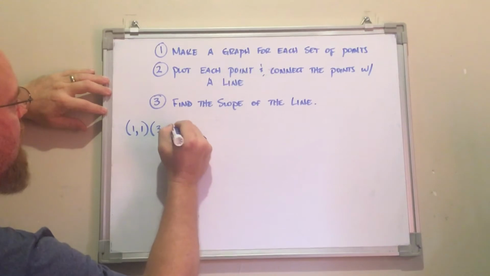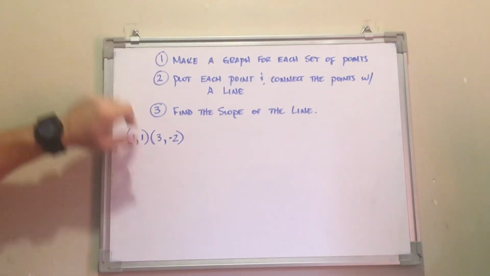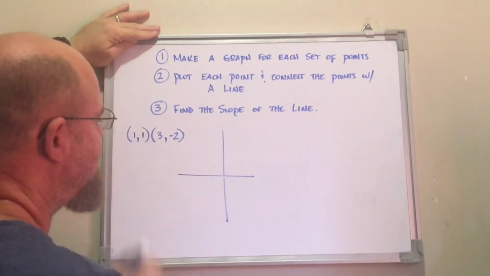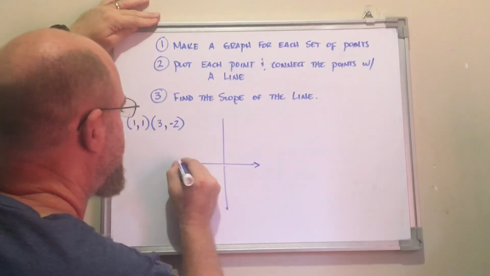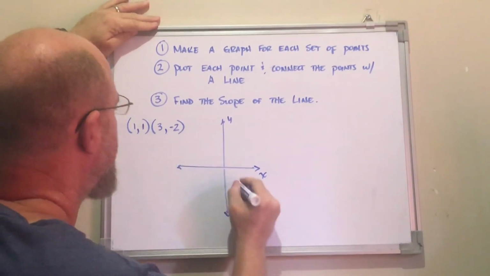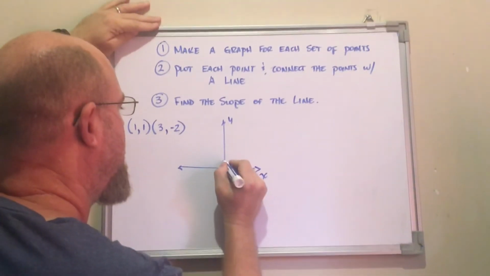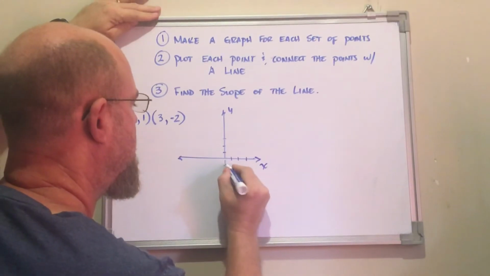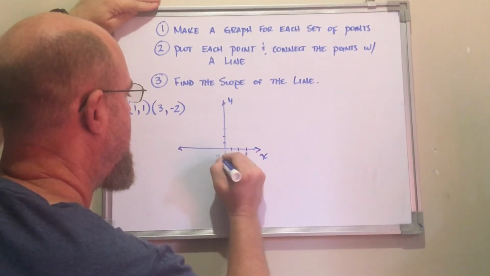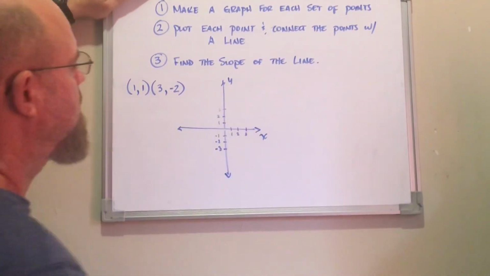3, -2. That is my set of points. So what I'm going to do with that is I'm going to make a graph for that set of points. All right, we've got 1, 2, 3, and then 1, 2, 3. It's -1, -2, -3. 1, 2, 3. Okay.